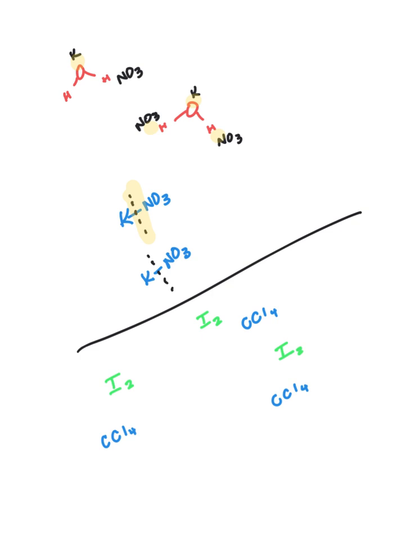So if this is my potassium, I would have the oxygen ends of several water molecules around it, and here would be an NO3 with the hydrogen ends around that. So that's why it separates.